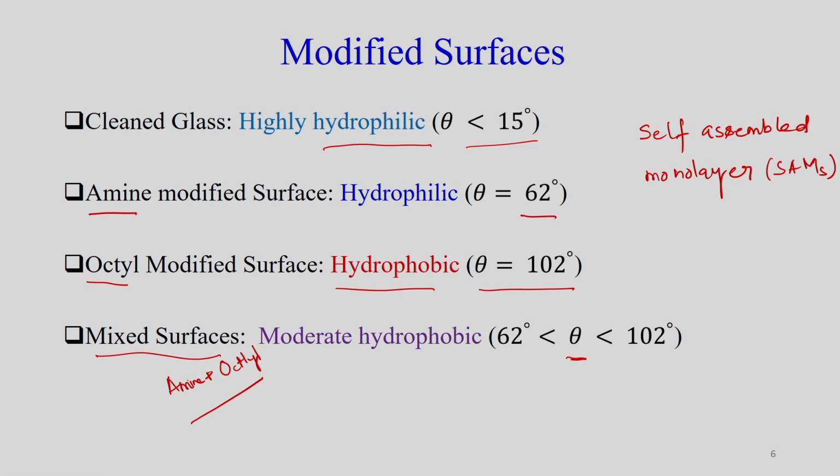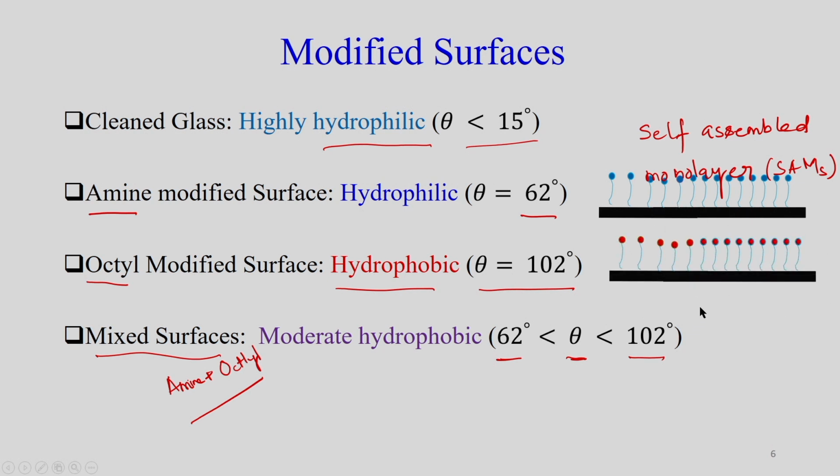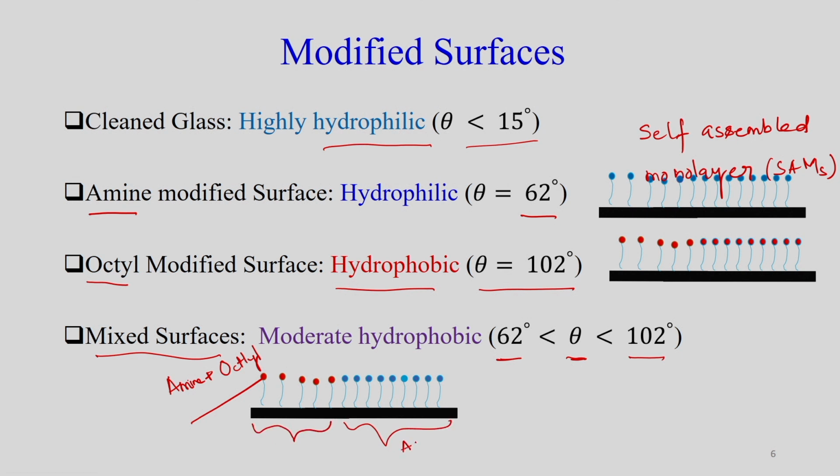So, we can design a surface with different wettability by varying the ratio of these two, and the contact angle will be between 62 and 102. These are the different surfaces. Here this is a mono SAM of amine, this is a mono SAM of octyl, and in the mixed SAM we have both groups, this part is amine and this part is octyl group.